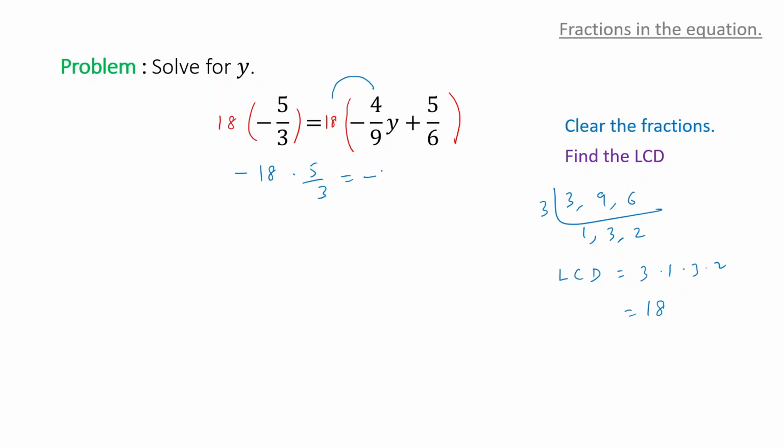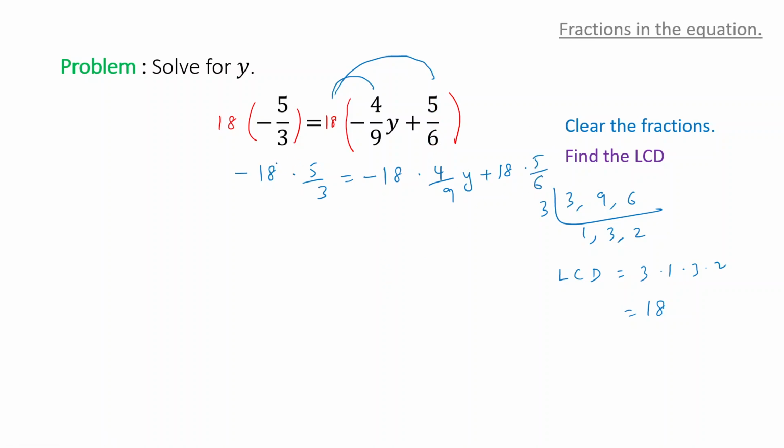So 18 times 4 over 9 y. Now multiply this and this. Positive number, positive number. If you multiply, you will get a positive number. Now 18 times 5 over 6.